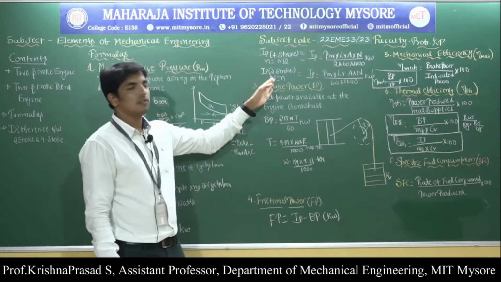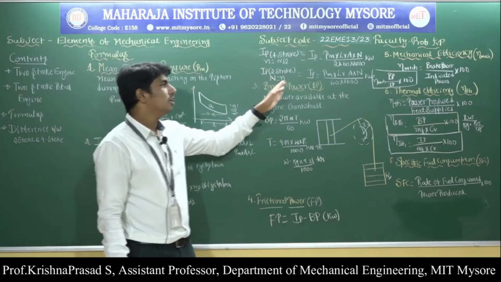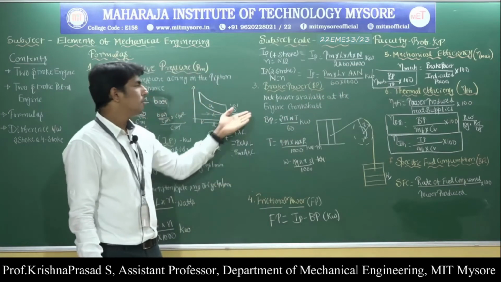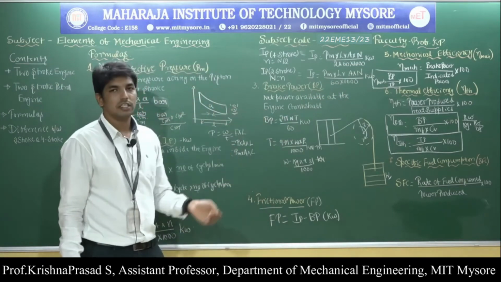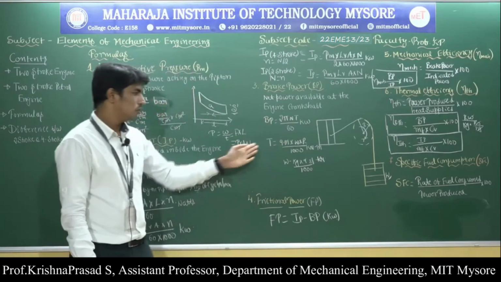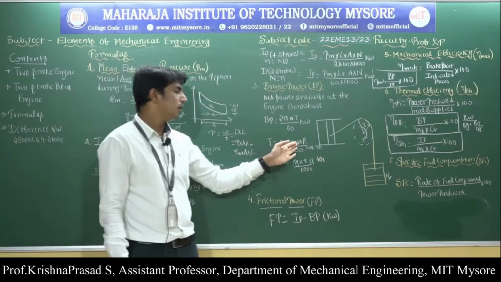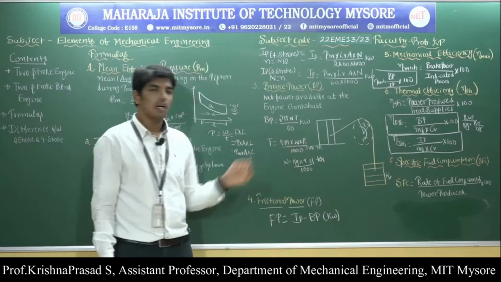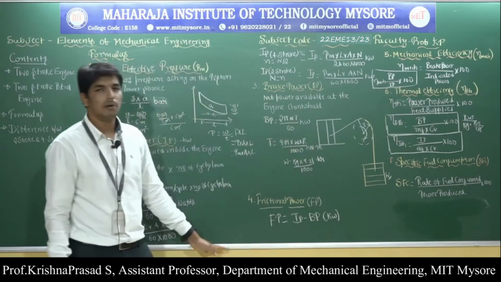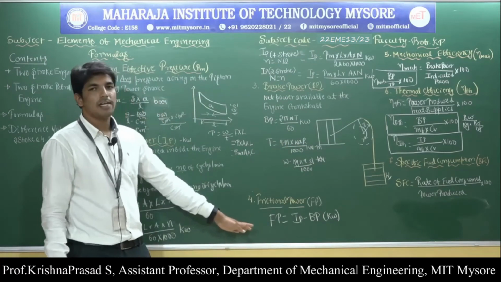For a 2-stroke engine, the number of cycles is equal to the engine crankshaft speed, that is PLAN into N by 60 into 1000. For brake power, the net power available at the engine crankshaft, the formula is 2 pi NT by 60. Torque is equal to 9.81 into W into R divided by 1000, in kilonewton meter. Then frictional power is nothing but IP minus BP.